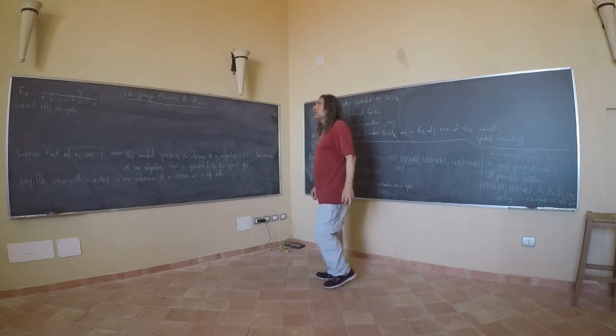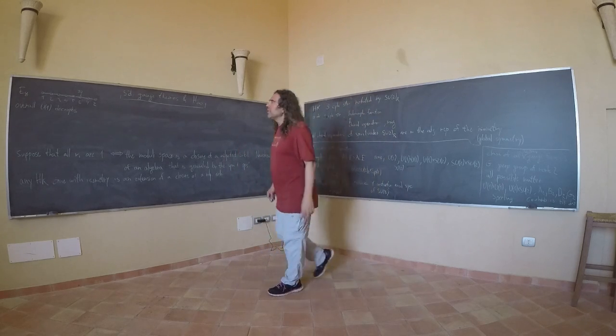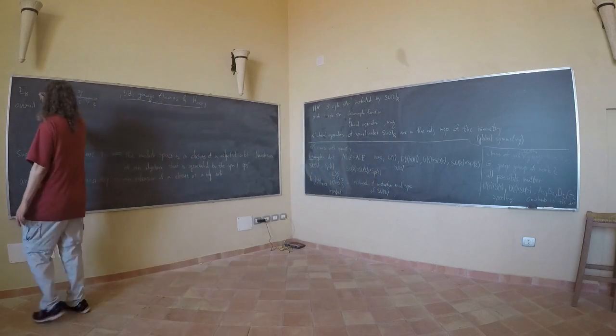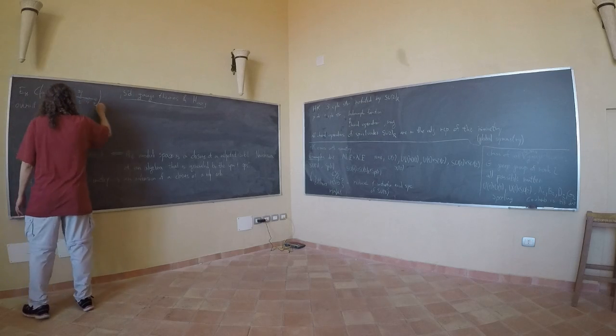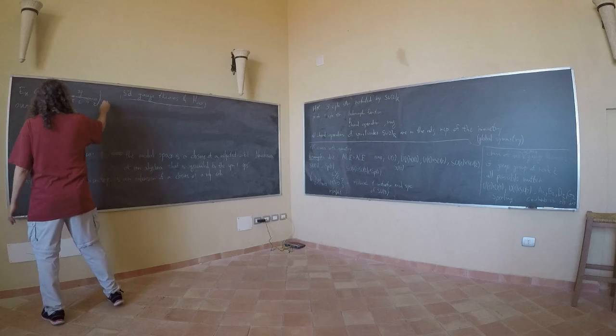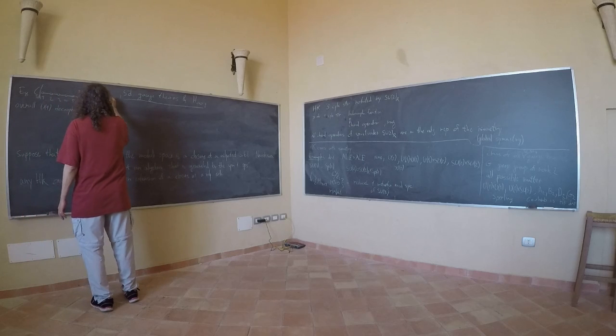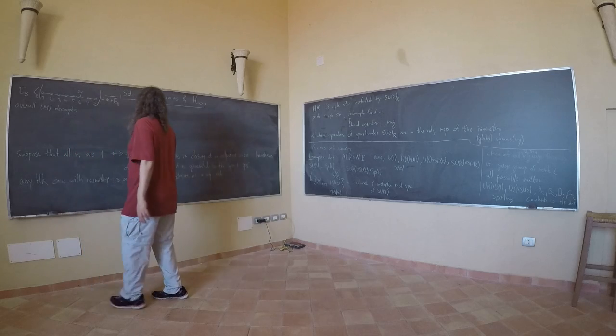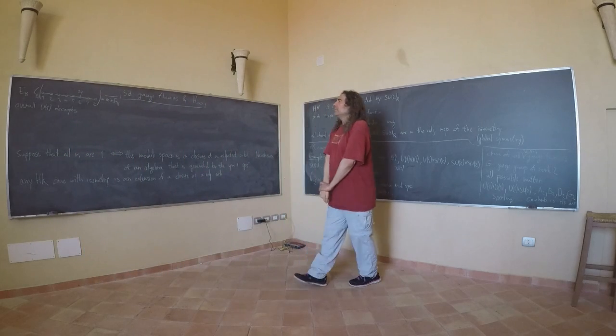But the statement about this is that the 3D Coulomb branch of this theory is the closure of the minimal orbit of the E8. Right?